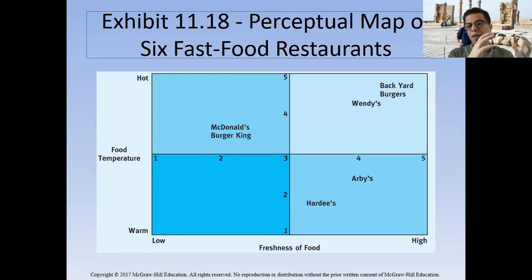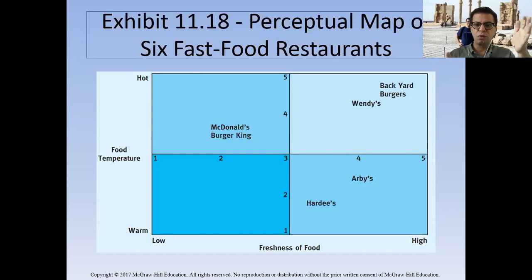You want to see whether their food is hot or not, so you go to all these fast food restaurants and check how hot their food is, and at the same time whether it is fresh. This is a different variable, and you also check on it.